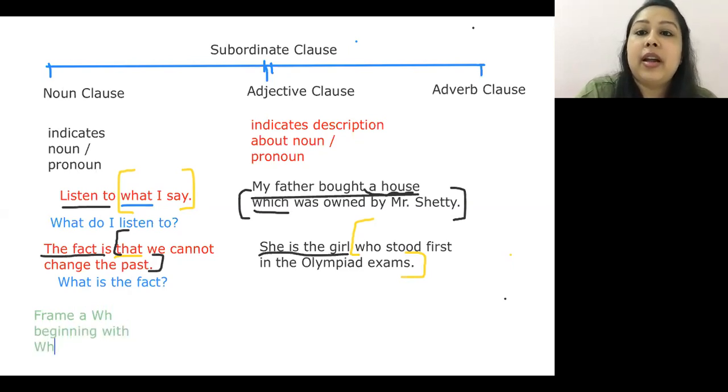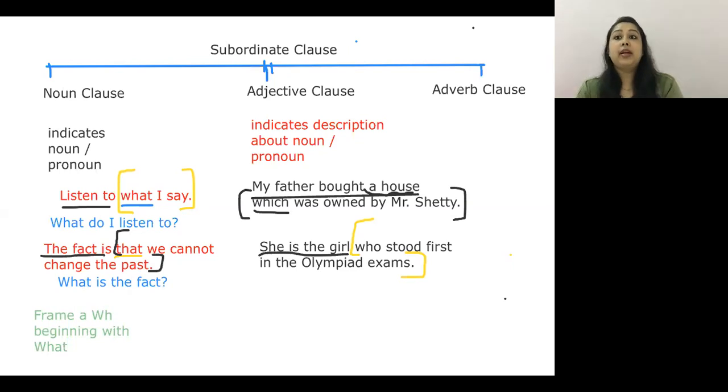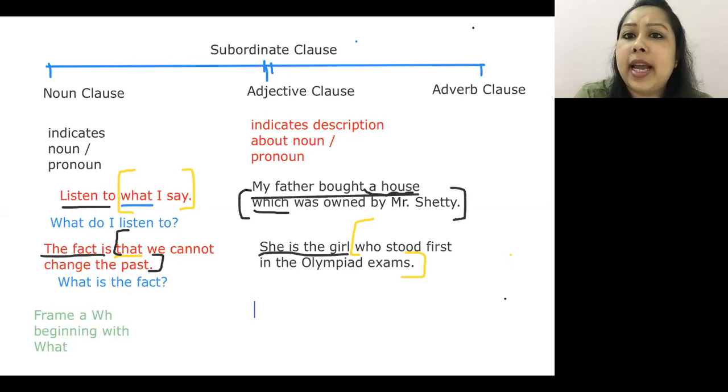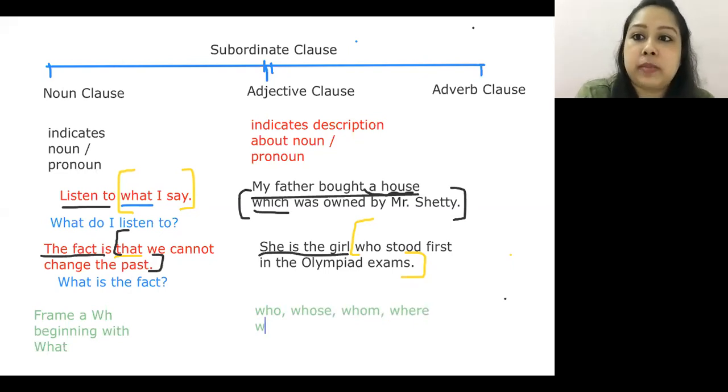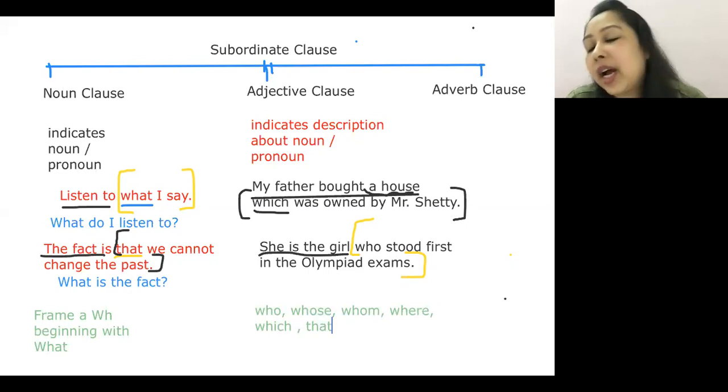Here, always remember adjective clauses have conjunctions like who, whose, whom, where, and sometimes which. And sometimes even that. If you have these, it becomes your adjective clause.